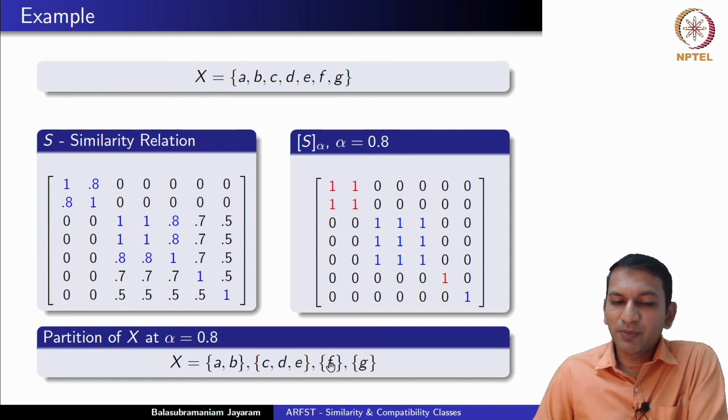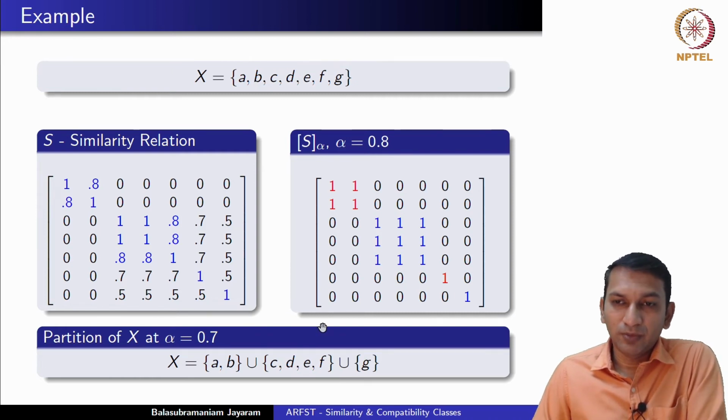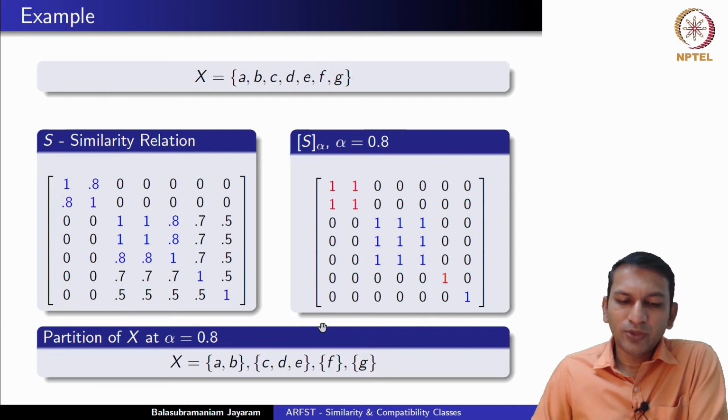Now F also separates out from the previous set. F is not related to at least one or more of them in this set to a degree greater than or equal to 0.8, and so it separates out. But A and B still stick together because they are related to each other at least to a degree 0.8.